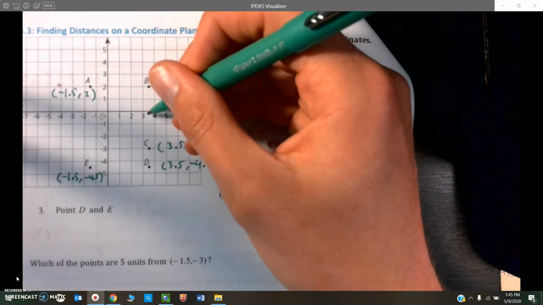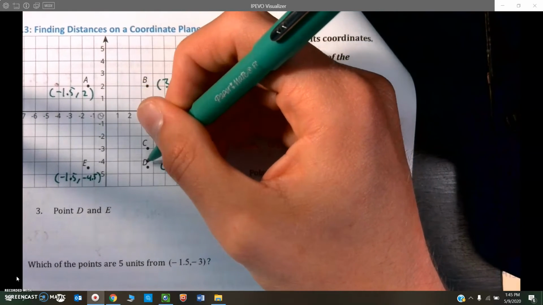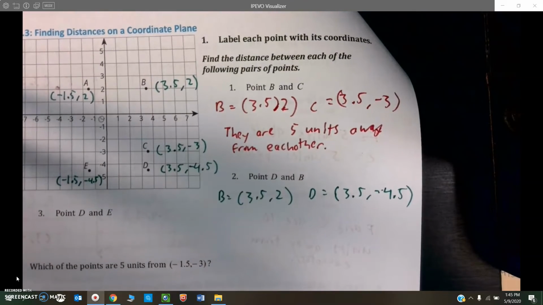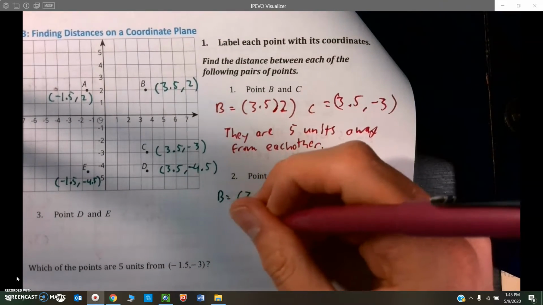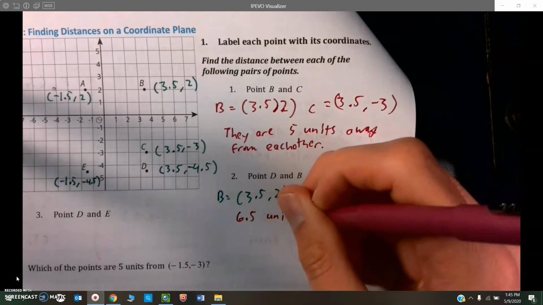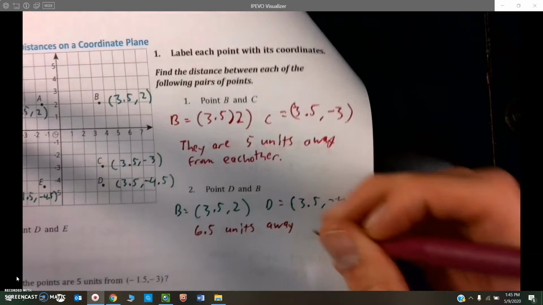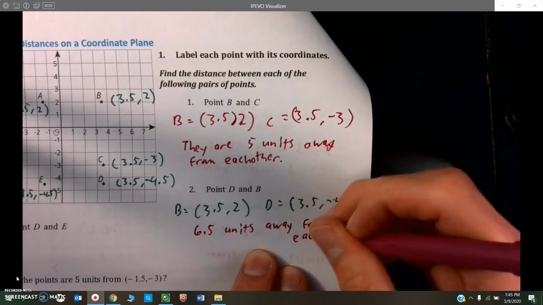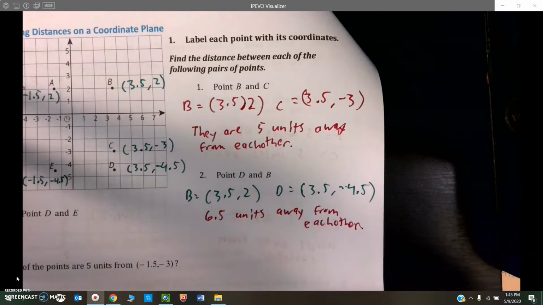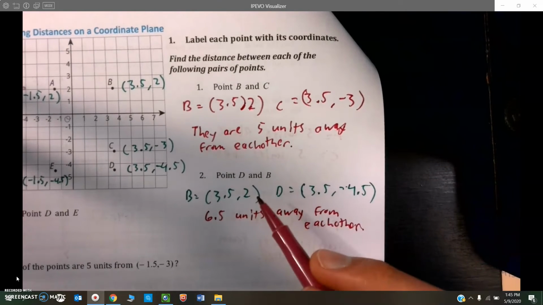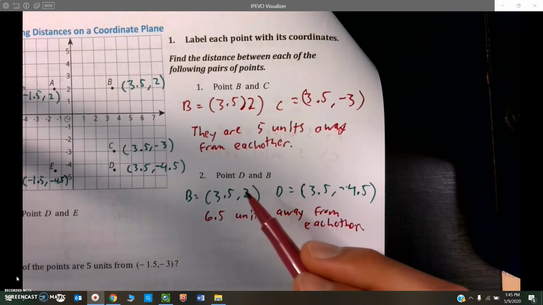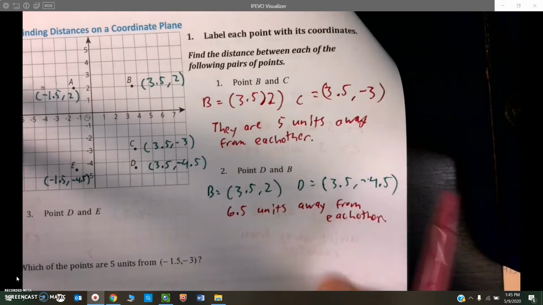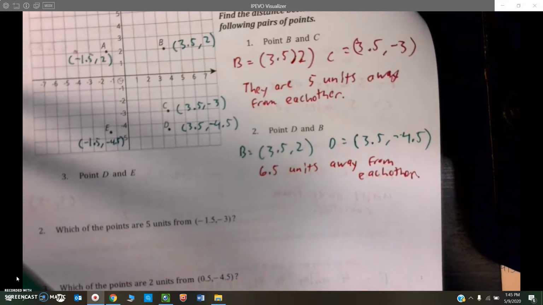So that's 1, 2, 3, 4, 5, 6.5, or 6.5 units away from each other. So once again, you just combine the two distances, right? So 2 units above and 4.5 units below, put them together for a total of 6.5 units away from each other.